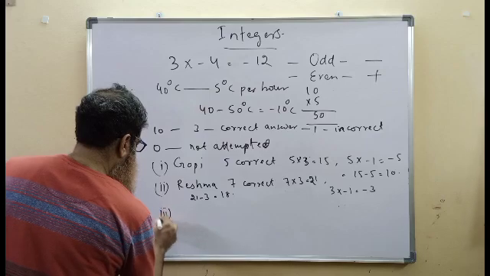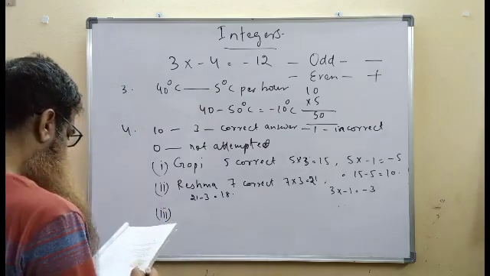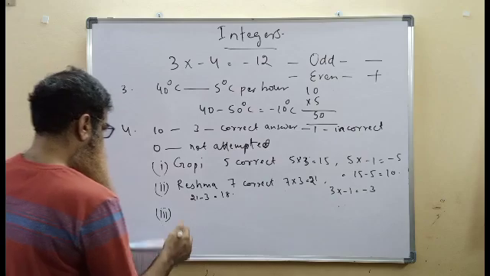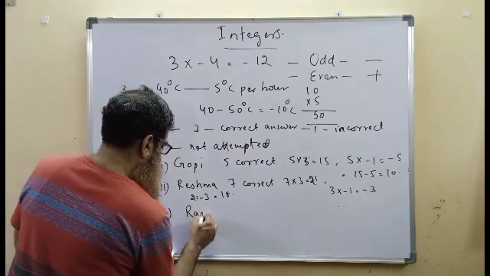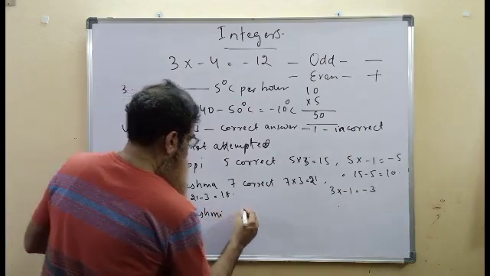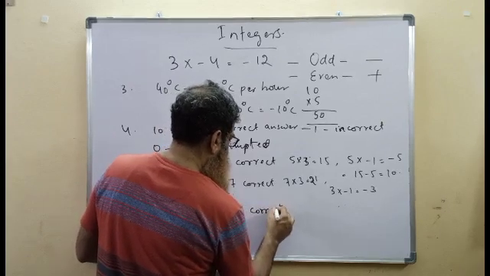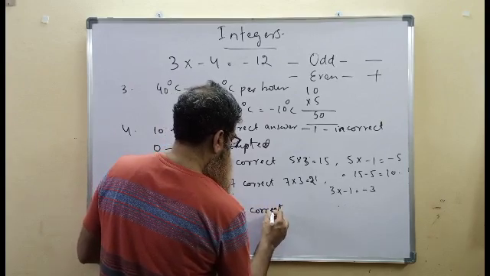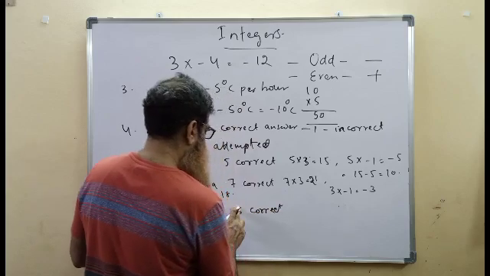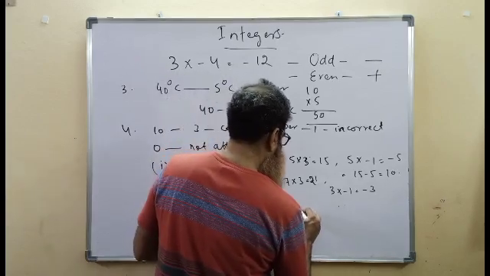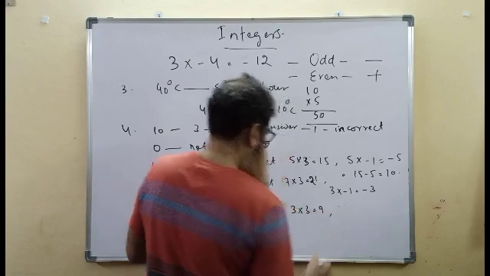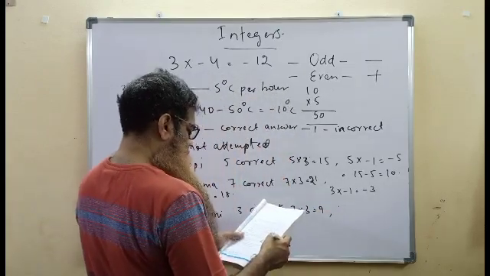Now the third bit in the fourth question: Rashmi gets 3 correct. So it is 3 into 3, 9, and she got 4 incorrect.